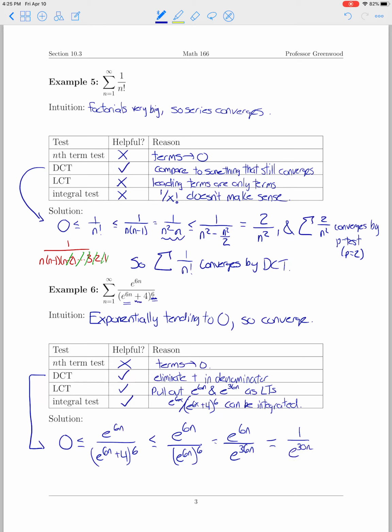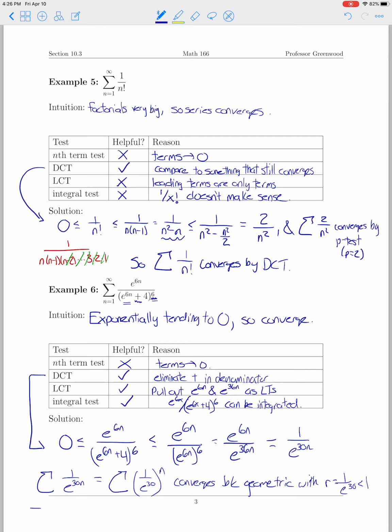And if I write that sum, 1 over e to the 30n, I could rewrite it as (1 over e to the 30) all raised to the n. And so that converges because it's geometric. Again, I want to specify what r is here, and that's 1 over e to the 30, which is less than 1.